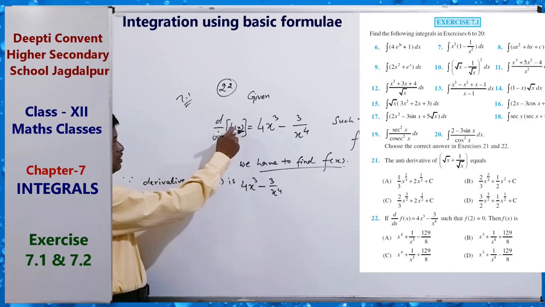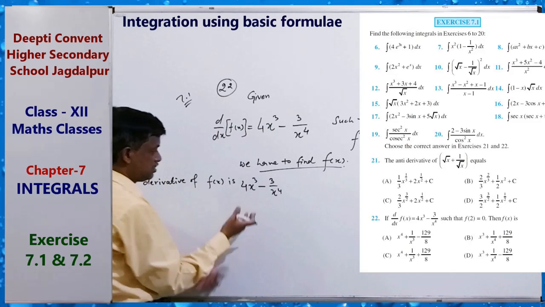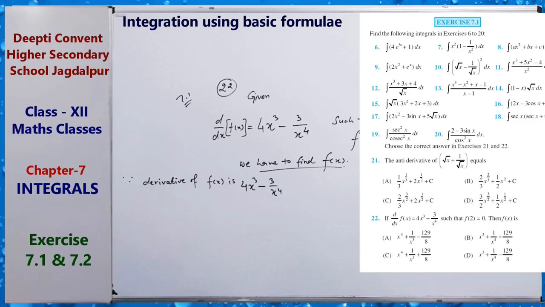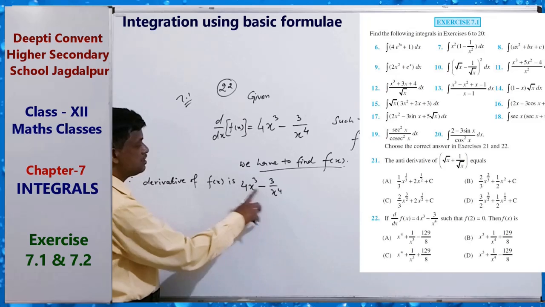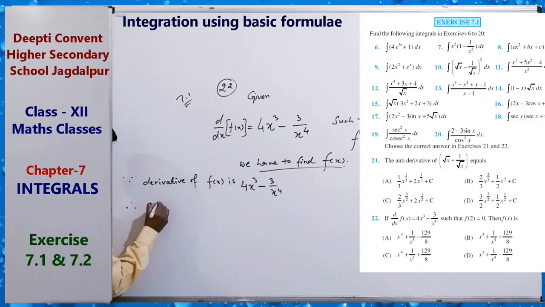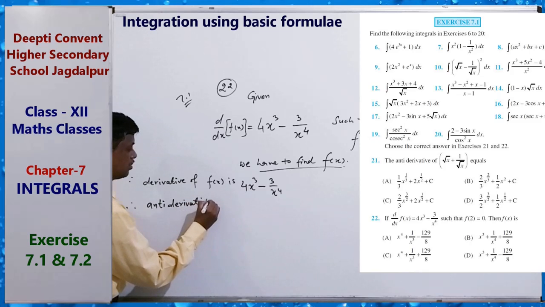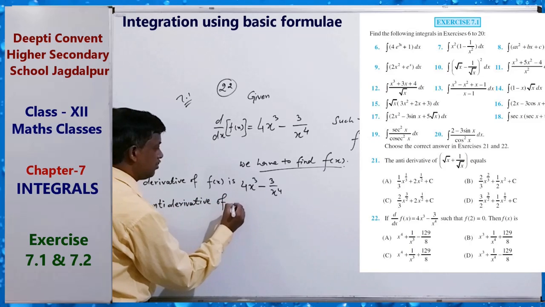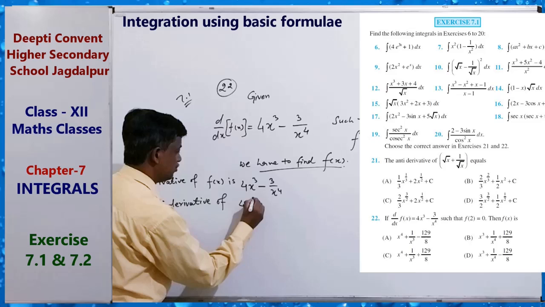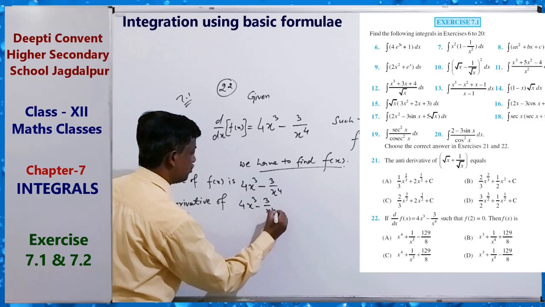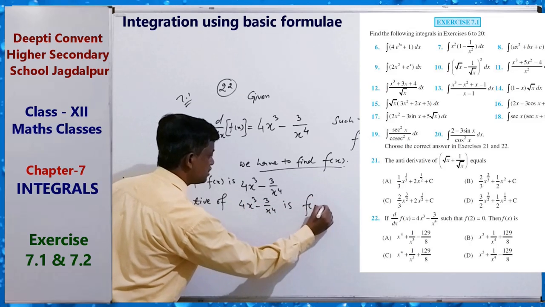Since the derivative of this is this, which is a function of x, therefore the antiderivative of 4x cube minus 3 by x to the power 4 is f(x).